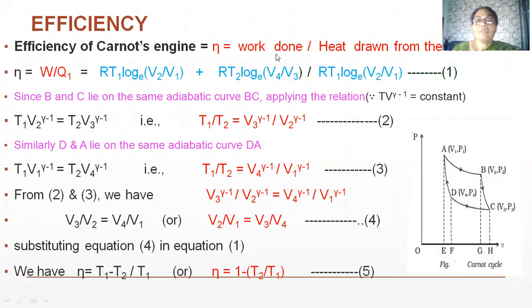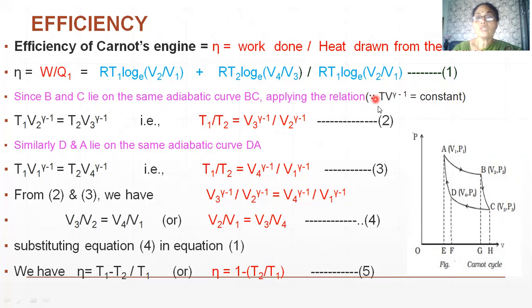Now, in order to simplify this equation, we know that here you can see this is the adiabatic expansion process. BC represents the adiabatic expansion process. These 2 points B and C lie on the same adiabatic curve BC. Now, we know that all the adiabatic changes are represented by the equation TV to the power of gamma minus 1 is equal to constant.